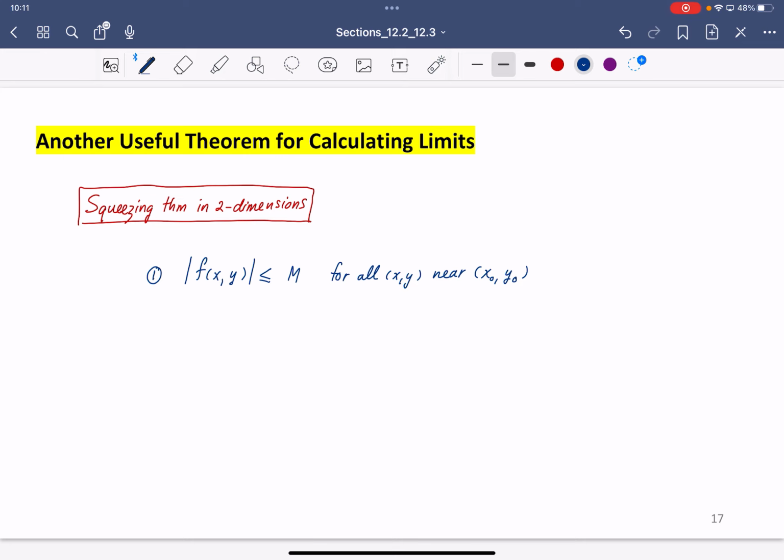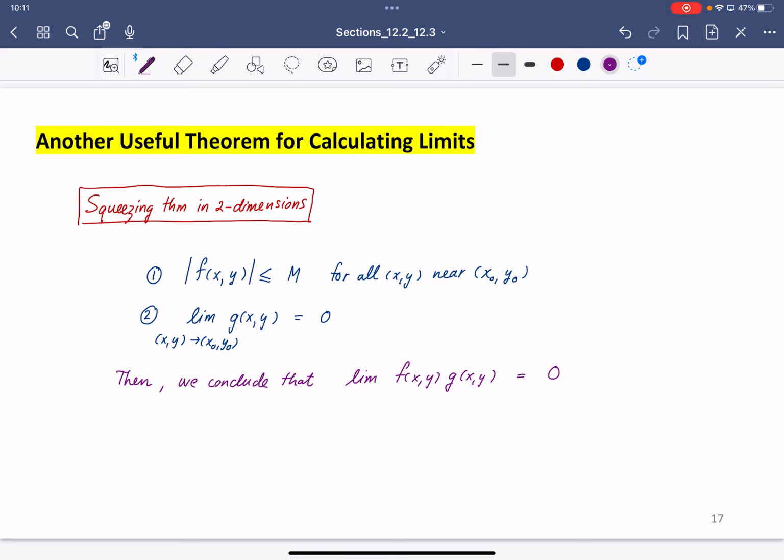So if you know that f(x,y) can be bounded by some number M near the point (x0,y0), and number 2, if you know that the limit of function g(x,y) equals 0 where (x,y) goes to (x0,y0), then you can conclude that if you have number 1 and number 2, the limit of f times g is gonna be 0 as well. f(x,y) times g(x,y) is equal to 0 when (x,y) goes to (x0,y0). So these are the assumptions that you have to check, number 1 and number 2.